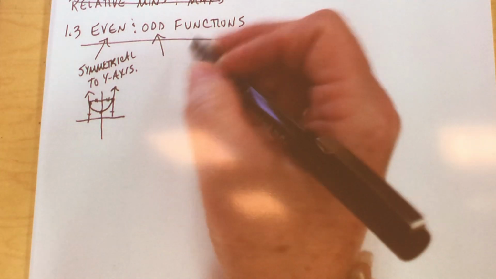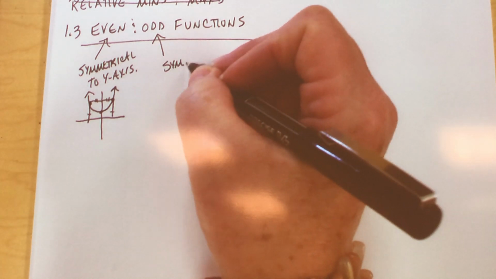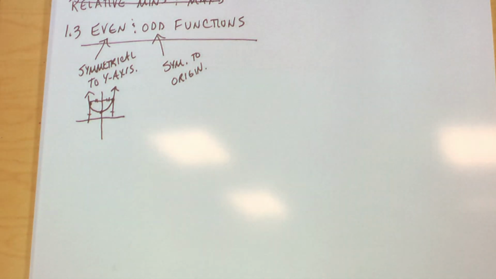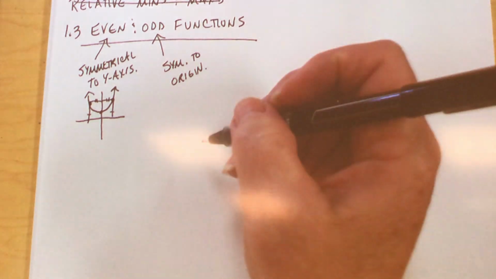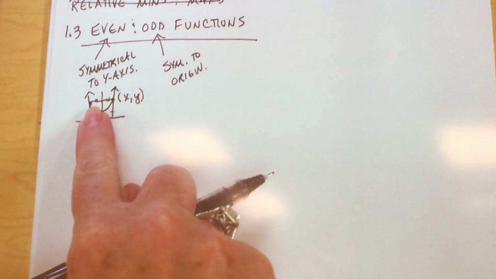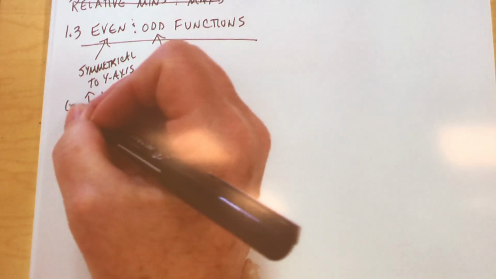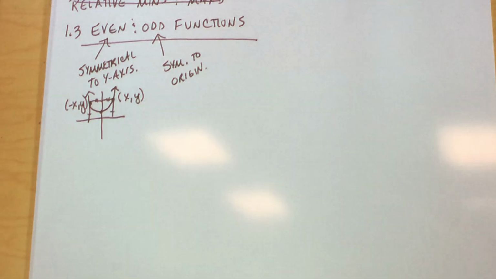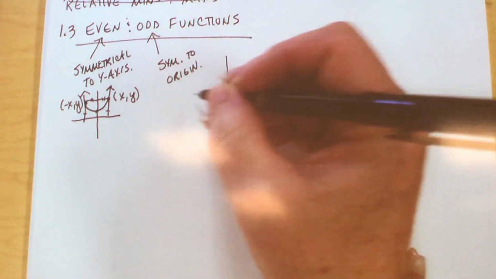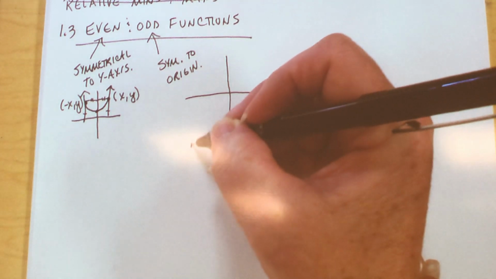Odd functions are symmetrical to the origin. All right? So here's what that means. Let's write this down. If this point right here is x, y, what's this point right here? Negative x, y. That's symmetrical to the y-axis. That point stays the same, and then it just flips over there, and the x becomes the opposite. All right, so here's what symmetrical to the origin looks like.